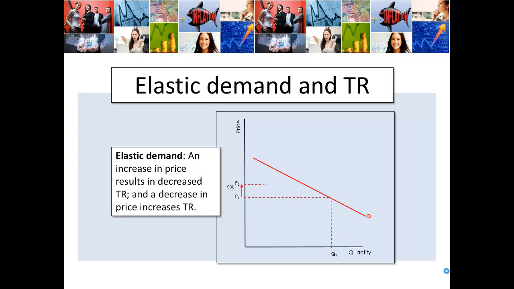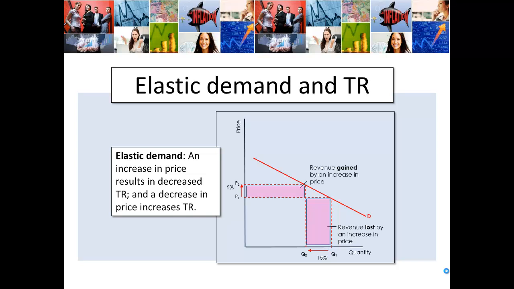Take a price increase with a relatively elastic demand curve. You can see the flat slope of the demand curve, so we know it's relatively price elastic. We can see that a 5% increase increases revenues by a little bit, but we can also see that lots more revenue is lost by the increase in price.